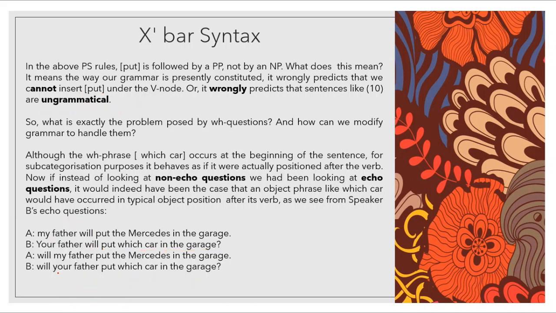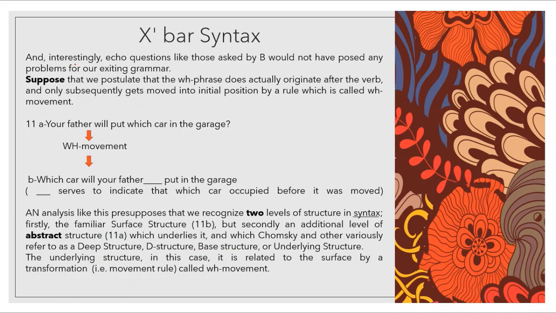So what are they trying to tell us with this? Interestingly, echo questions like those asked by B would not have posed any problems for our existing grammar. That is, to show that the existing grammar had no problem with these questions. Okay? So the problem is not in the grammar. So there is something else.